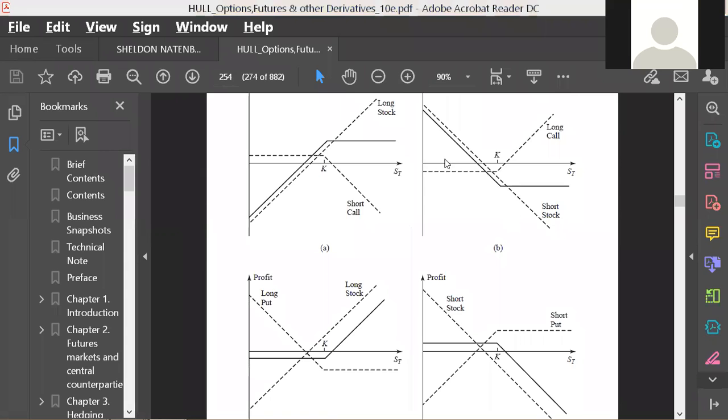If I'm short the underlying at K, and this is my y-axis, my profit profile, plotting my profit on this axis, and I'm plotting the underlying asset prices or the option strike prices on this x-axis.